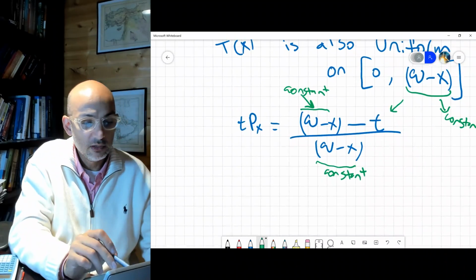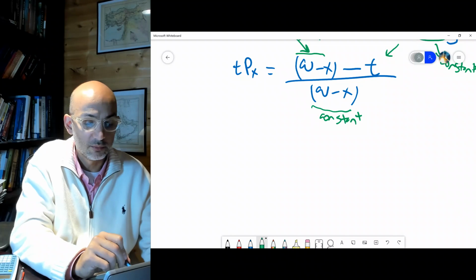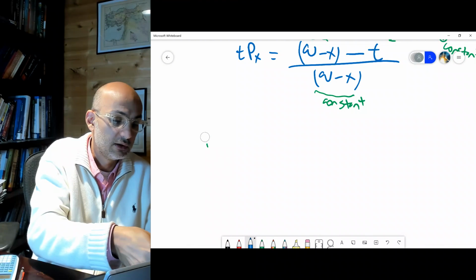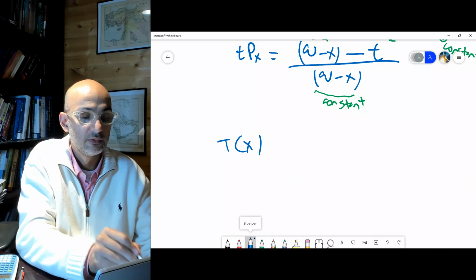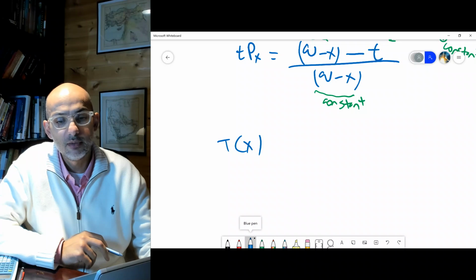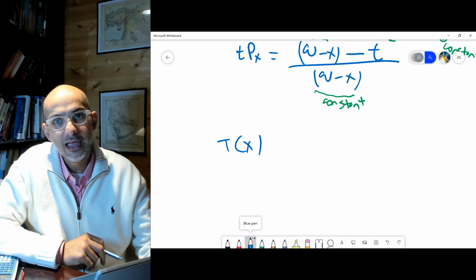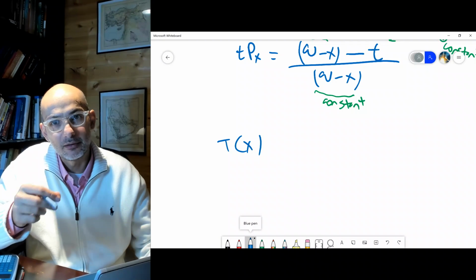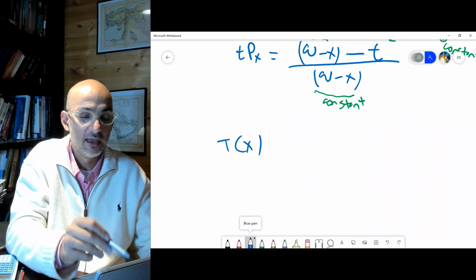But since I mentioned f of x, let's take another topic. So now we know what T of x is, right? Everyone knows what T of x is now. T of x is the remaining lifetime random variable for a person who reached the age x.